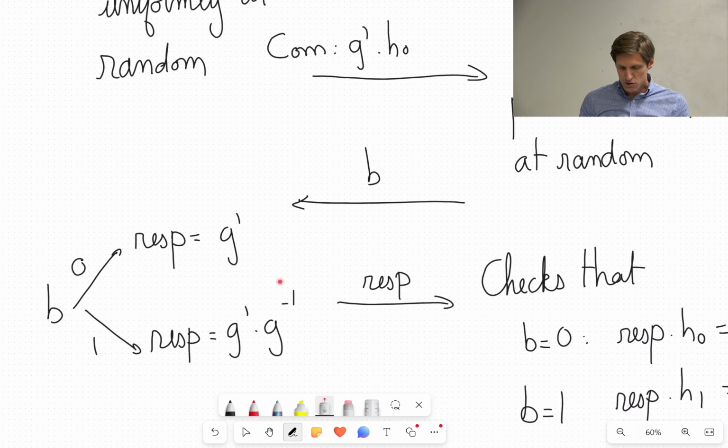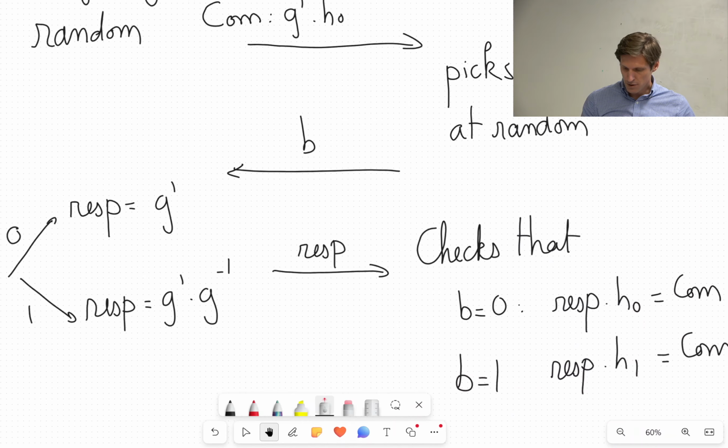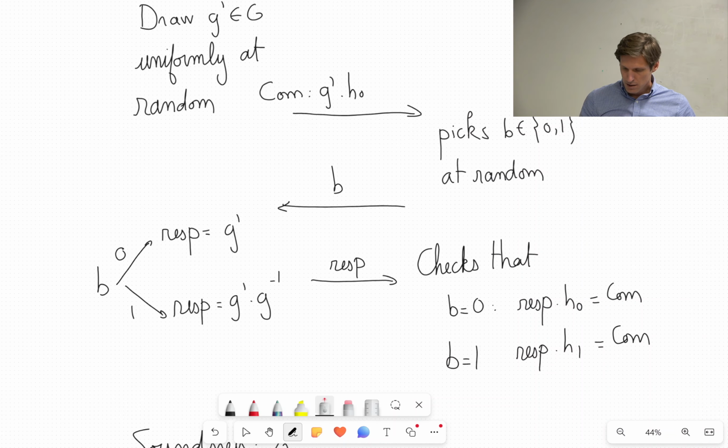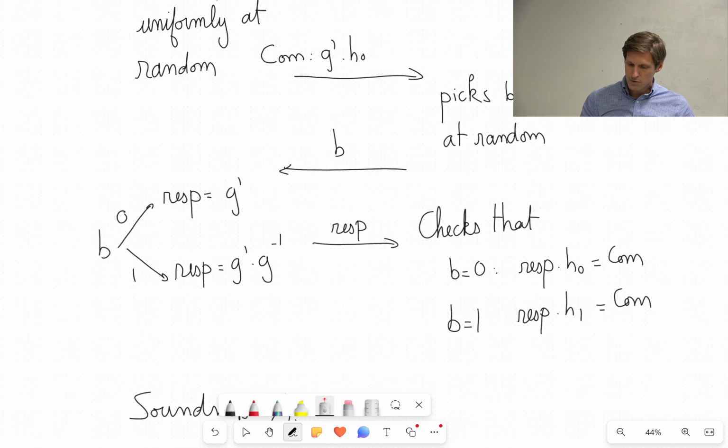What's important here is that G' is distributed uniformly at random, so multiplying it to your secret is not going to reveal your secret. Then the verifier can check that the response acting on H0 is the commitment if the bit was 0, or if the bit was 1, that the response acting on H1 is equal to the commitment.